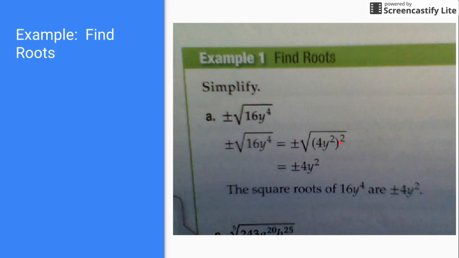So then you get this. And then this and the radical sign can therefore cancel out and leave you with positive or negative 4y squared. So therefore, the square roots of 16y to the fourth power are positive or negative 4y squared.